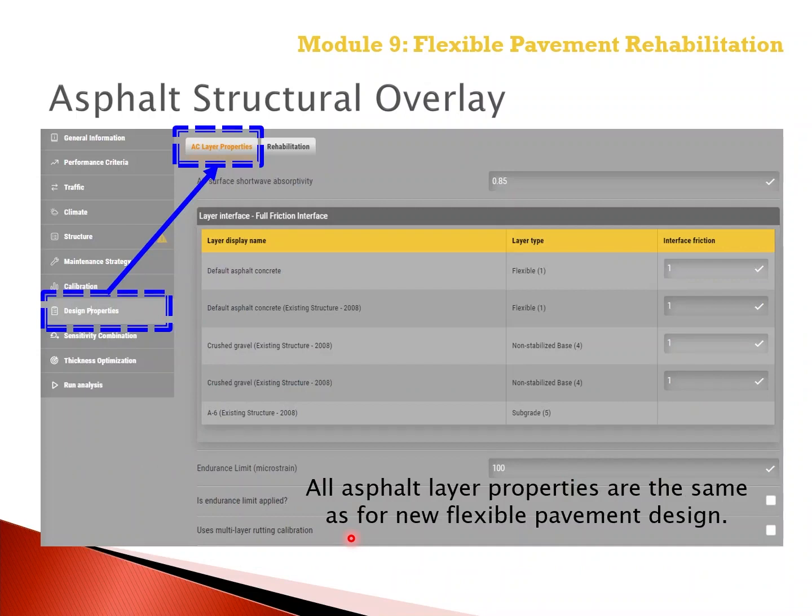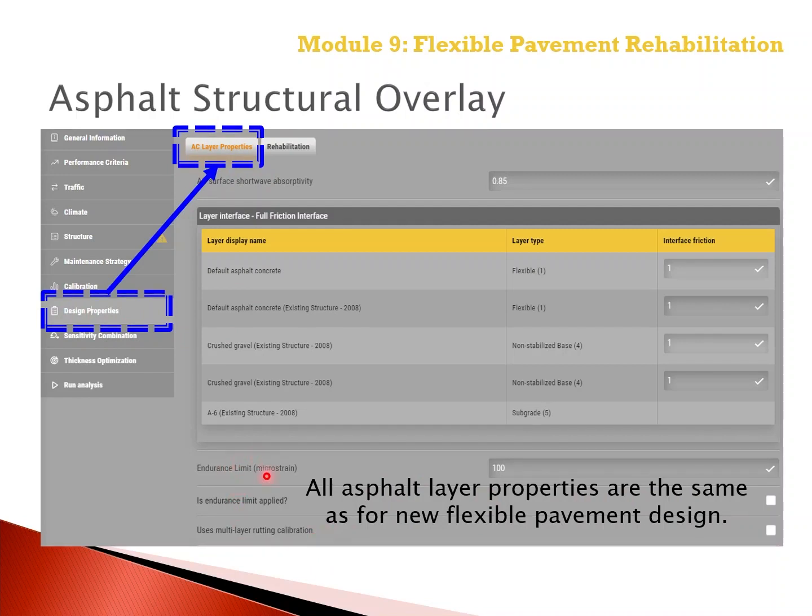Now let's move to the AC layer properties screen in the design properties folder. All asphalt layer properties are the same as for new flexible pavements.